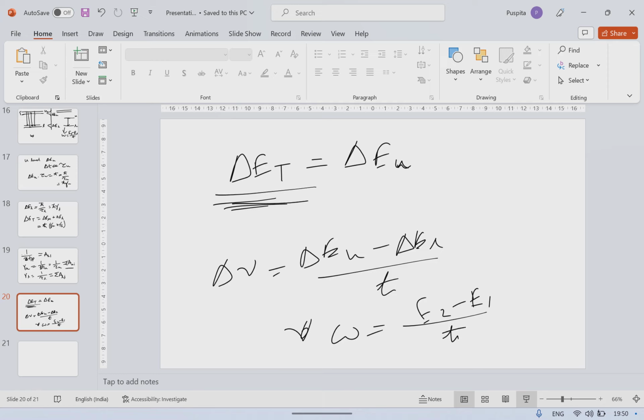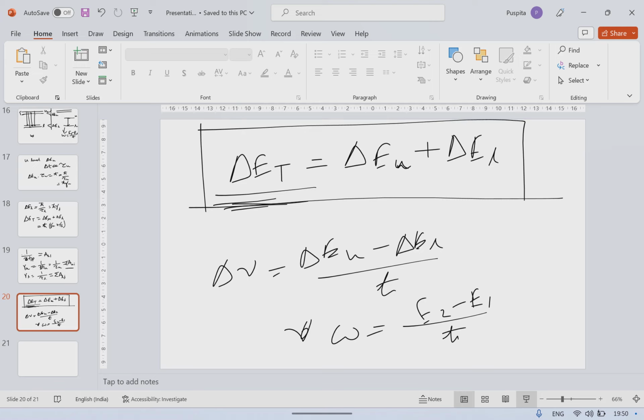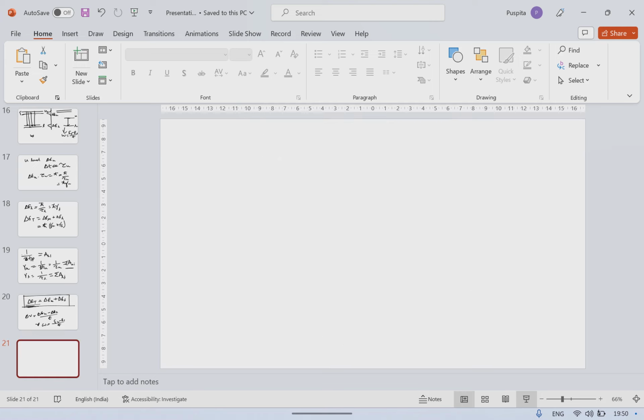So why are we adding delta E_U and delta E_L, not subtracting? Because uncertainty never gets reduced. It is always addition. That's the basic rule in dimensional analysis: the uncertainty never gets subtracted.